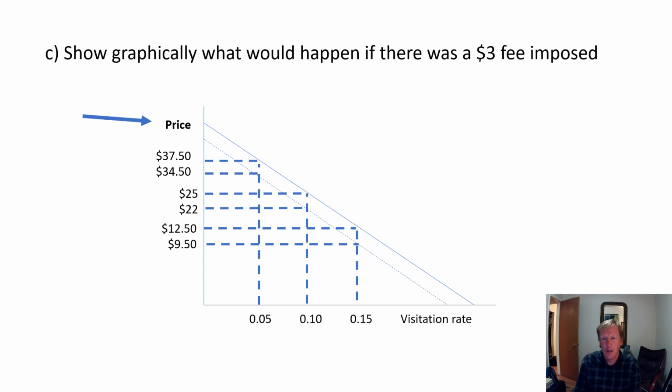So in the $3 fee scenario, we can look and compare those folks that had the travel cost of $37.50, for example, so that town number 3, and we can look to see what their visitation rates we expect to be.